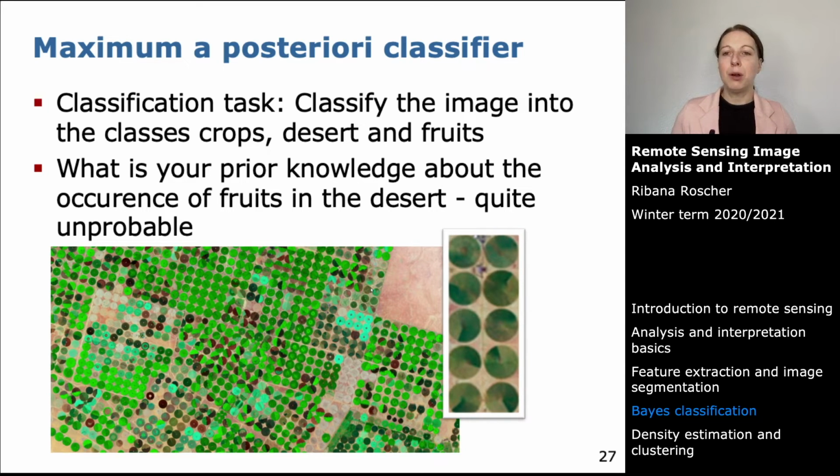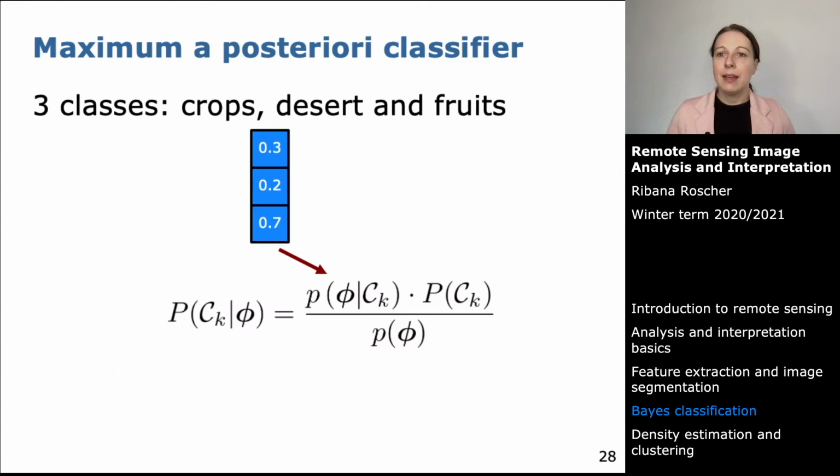And when you think about what your prior knowledge about the occurrence of fruits in the desert is, you will know maybe now, or even after some research on the internet, that it's quite improbable that farmers will deal with fruits in the desert. But let's assume for now you have this class and you need to classify also if a pixel belongs to the class fruits. And so we have three classes.